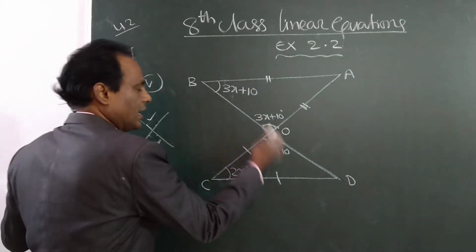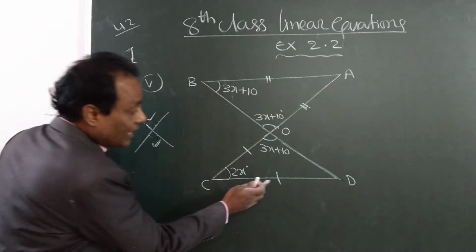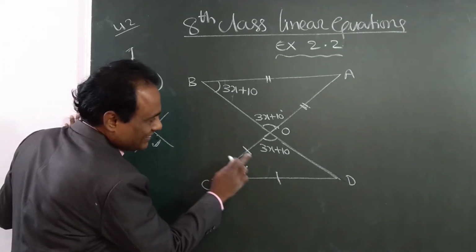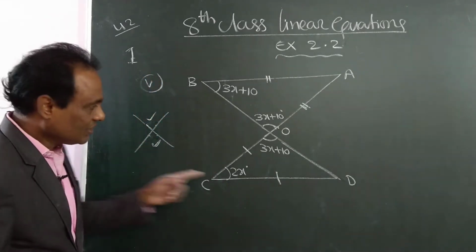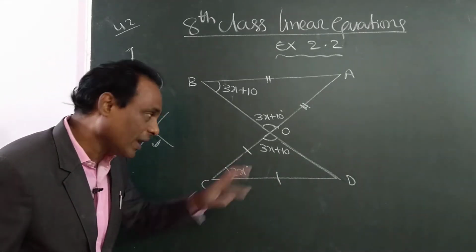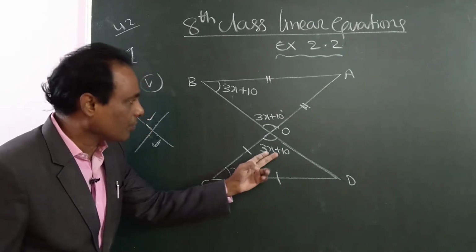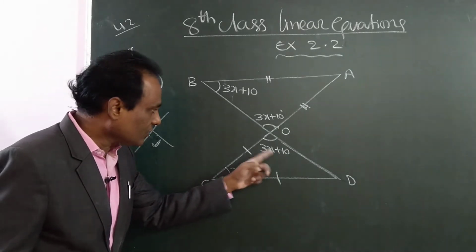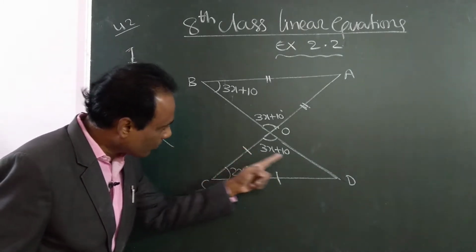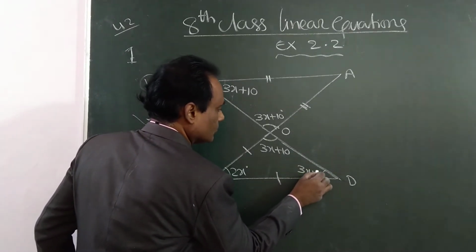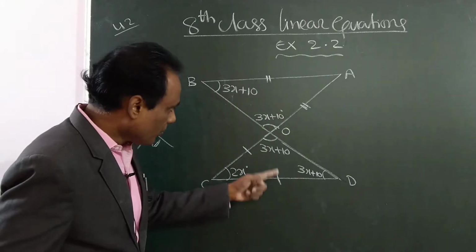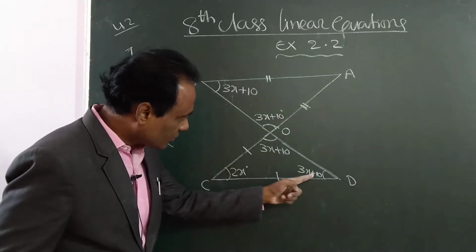Now, see here. Here also two sides are equal. Two sides are equal means two angles will be also equal. For this, opposite is 3x plus 10. Same side is here. So this opposite is also 3x plus 10.